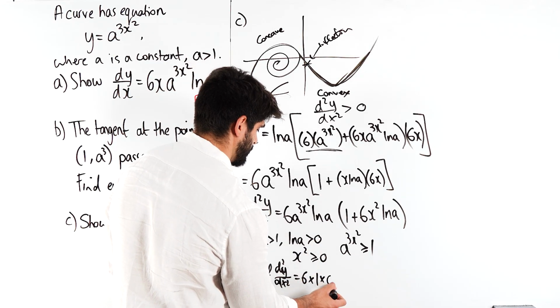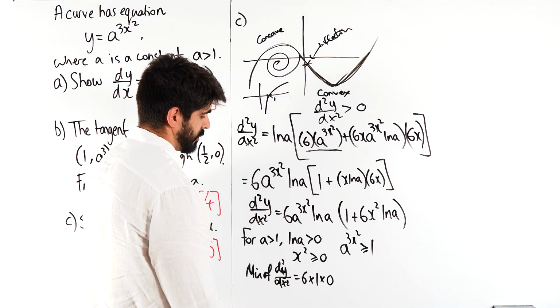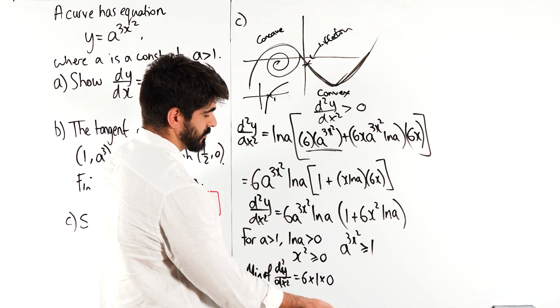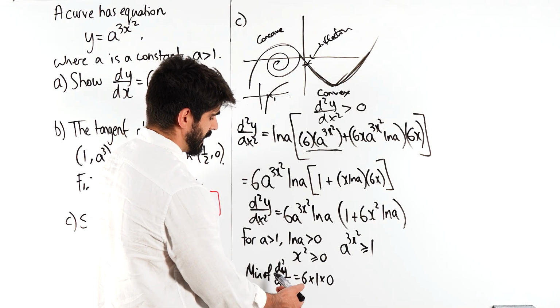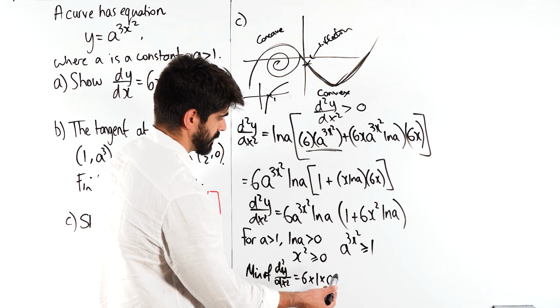So it has to be bigger than 0. So I'm just going to put 0. Well, that just means it then has to just be bigger than 0, right? So here I found that the second derivative is at least 0, all right?